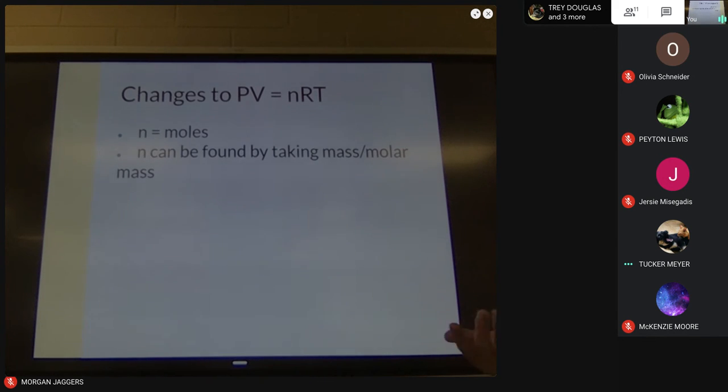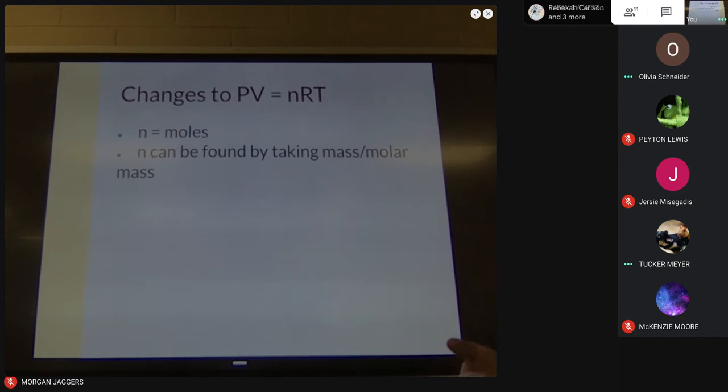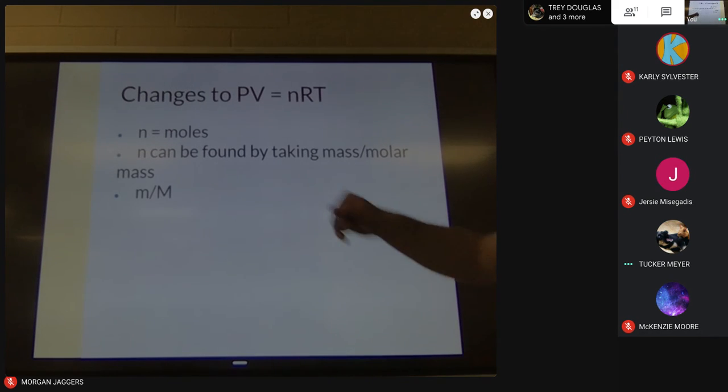Okay, that's what moles is. Like if I had 15 grams of oxygen and I wanted to figure out how many moles that was, I would divide 15 by 16 because that's the molar mass of O, and that would give me my number of moles.